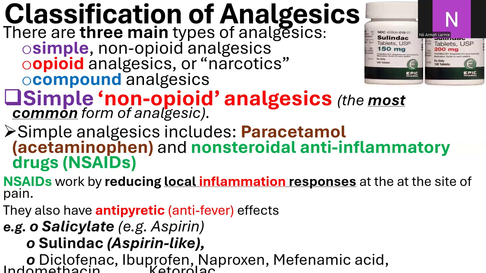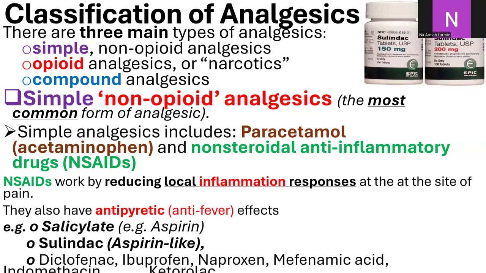NSAIDs, on the other hand, have analgesic property, anti-inflammatory property, and antipyretic property. So it is the anti-inflammatory property that distinguishes paracetamol from other NSAIDs. These, we say, work basically through reducing the local inflammation response.